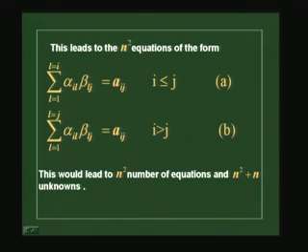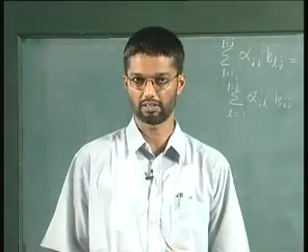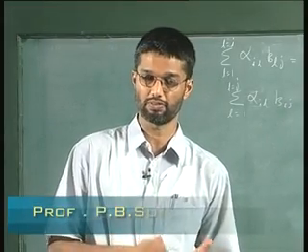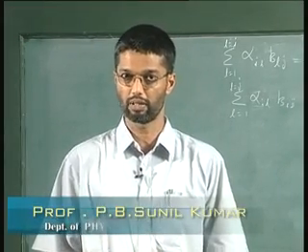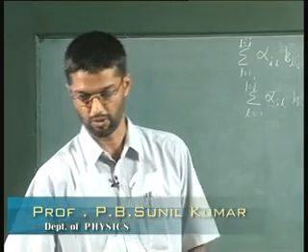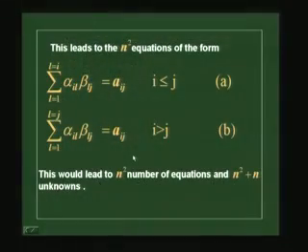But we have n square such equations, and we have n square plus n unknowns, because the diagonal elements are non-zero for both the alpha and beta matrices. So we have to make some choice.